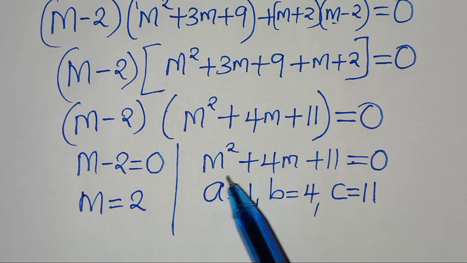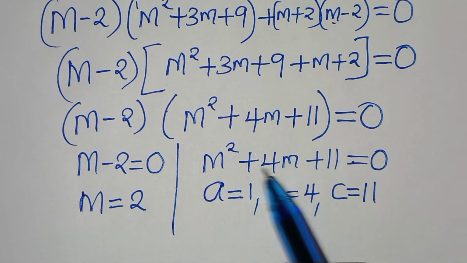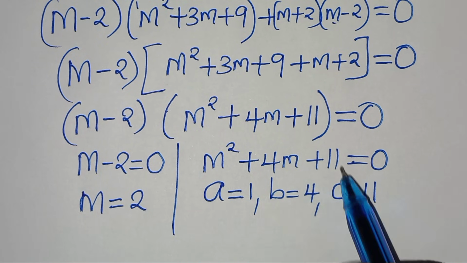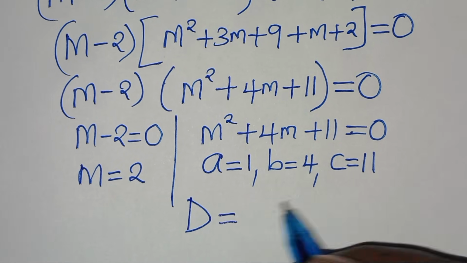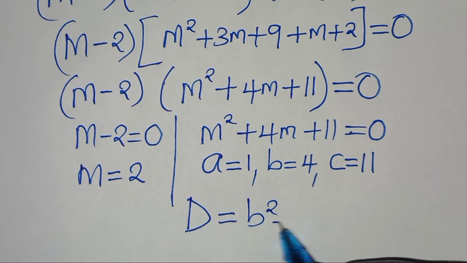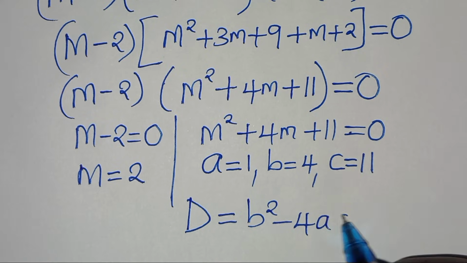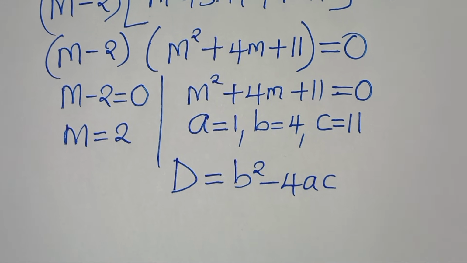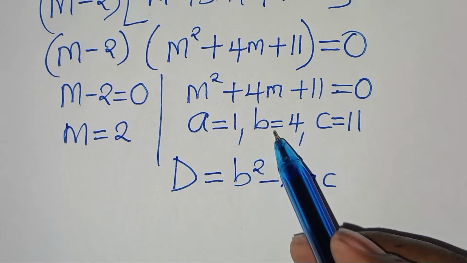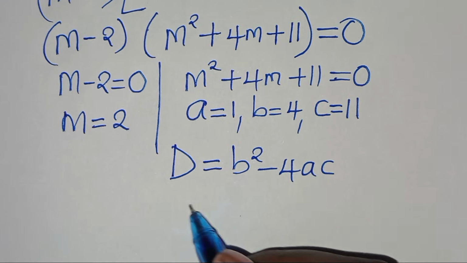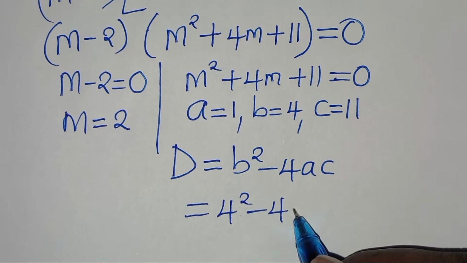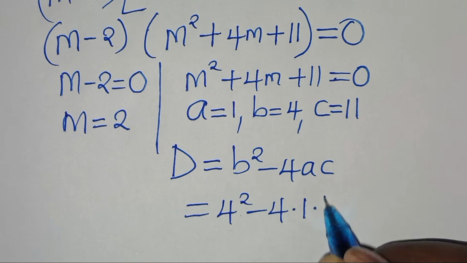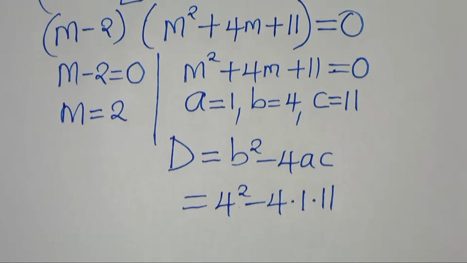Now, let's assess the nature of the root of this quadratic equation. Let's assess the nature of the root by determining the discriminant value, which is b squared minus 4ac. Let's substitute the values of a, b, and c here so that we have 4 squared minus 4 times a, which is 1, then times c, which is 11.